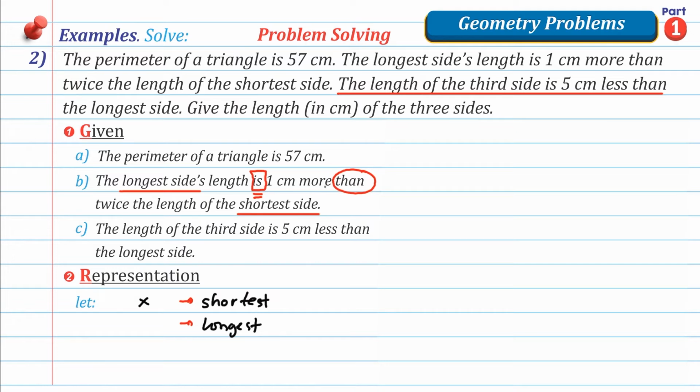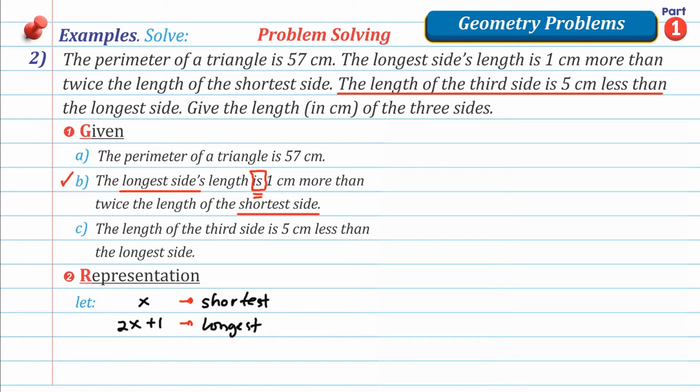You flip it. 1 centimeter more than means plus 1. So, 1 centimeter more than what? Twice the length of the shortest side. So, it's twice the shortest, which is represented by x. So, that's how we represent the longest. It's 1 more than twice the shortest. Whew! Buti na lang nakuha natin yon. So, we used the second given.